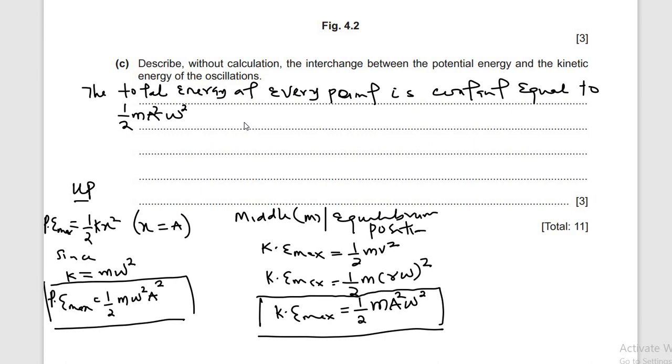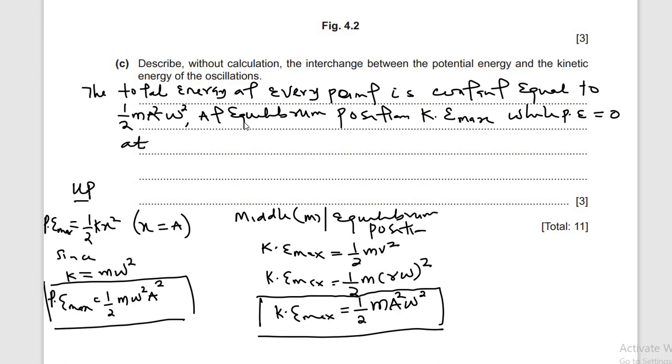First point: at equilibrium position, you have to tell them what we noticed. At equilibrium position, kinetic energy is maximum. Potential energy is 0. At a displacement, or let me put it like this.